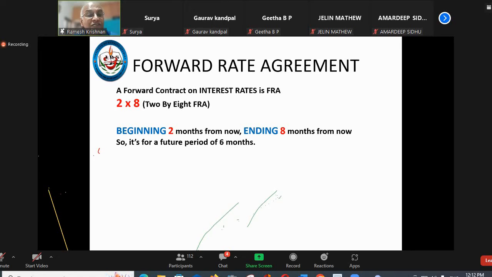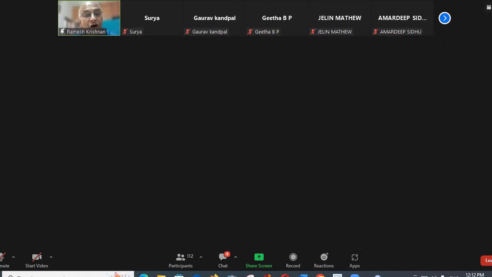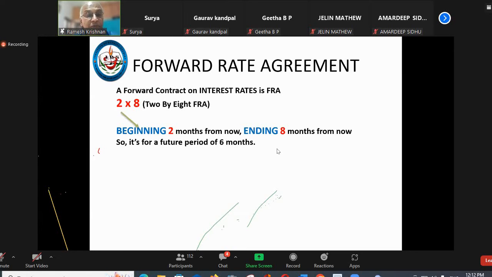So that is why this 2 plus 6 is 8, 2 months from now beginning, ending 8 months from now for a period of 6 months. So the 2 is the beginning period and 8 is the ending period. This is how FRAs are named, nomenclature of FRA.